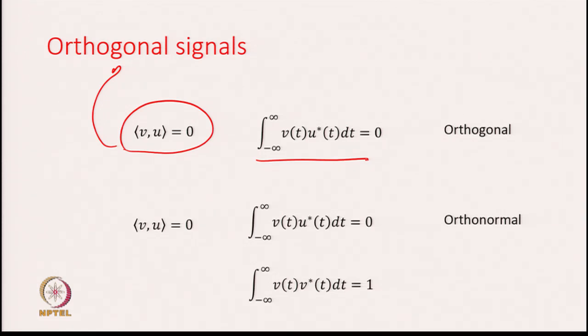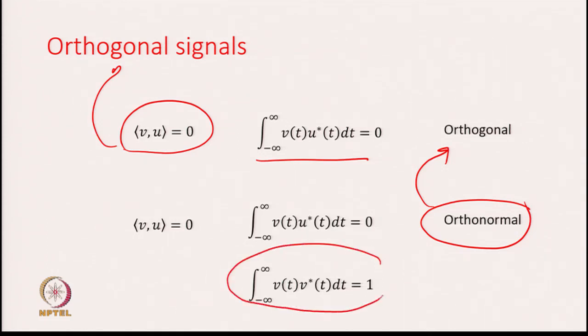For vectors, unit vectors have a magnitude of 1. For signals, we have orthonormal functions or orthonormal signals. They are first orthogonal, and secondly they should also have unit energy. If the signals are orthogonal and have unit energy, we call them orthonormal signals, orthonormal functions or orthonormal waveforms.